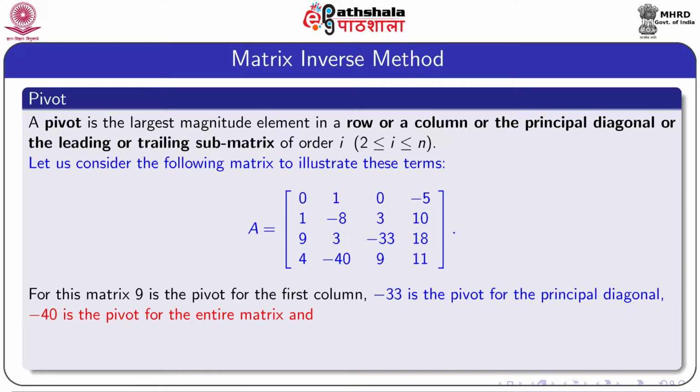Minus 40 is the pivot for the entire matrix. This is the largest magnitude element in the entire matrix, and −8 is the pivot for the trailing submatrix, the submatrix 0, 1 and 1, −8. So, these are the different kinds of pivots which are used in a matrix.